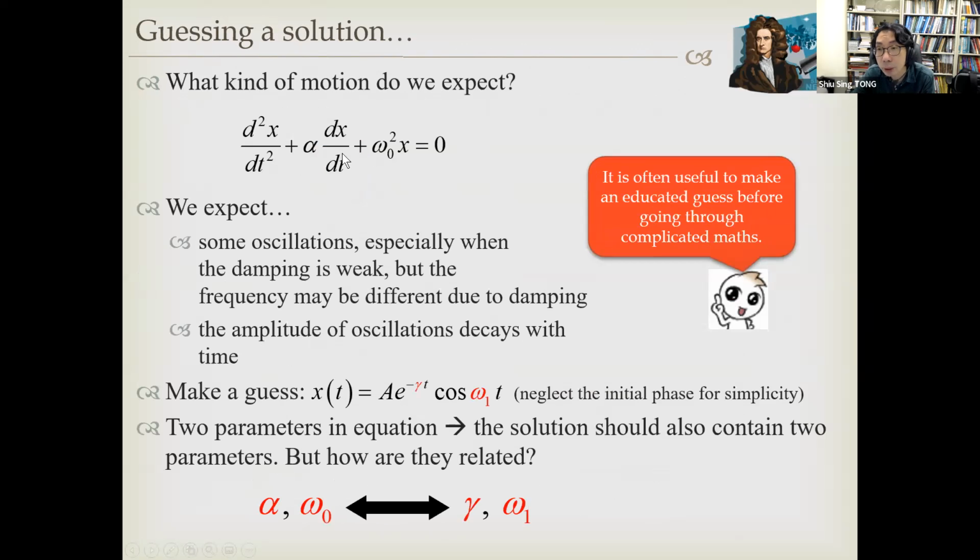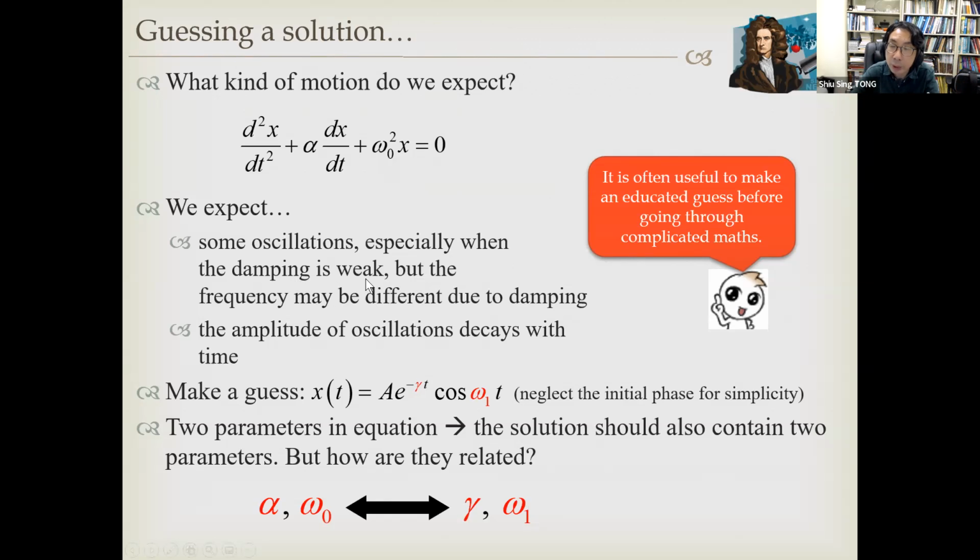Now, what kind of motion should we expect? Because there is a restoring force, we may still anticipate some oscillation. So we may have a cosine term or sine term that exhibits the oscillation. But there is damping. When the damping is weak, we expect the object to oscillate many times before slowing down and coming to a stop, right?